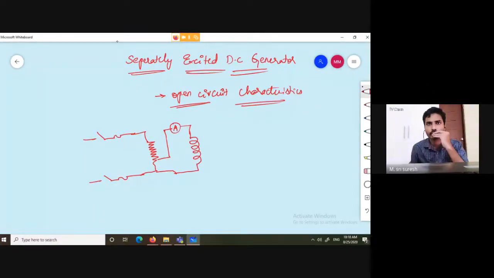This is the ammeter. And this is the field winding. So this ammeter measures the field current. It's an experimental setup.